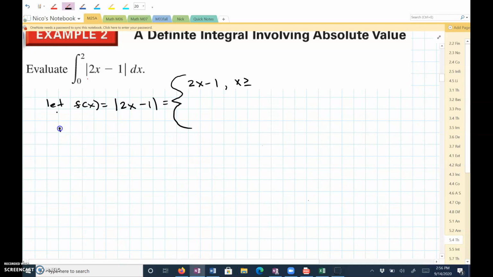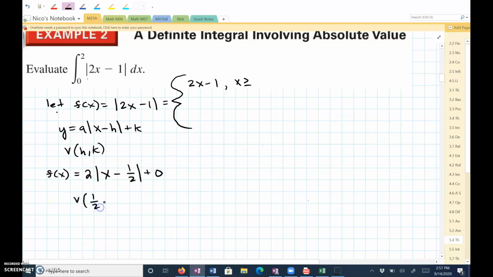So if I had y equals a times the absolute value of x minus h plus k, the vertex would be h comma k. So for our problem, f of x, I can factor out a 2. This would be x. If I factor out a 2 from 1, think about what I would have to multiply 2 by, so this would become 1/2 plus 0. So now the vertex here is going to be 1/2 comma 0.